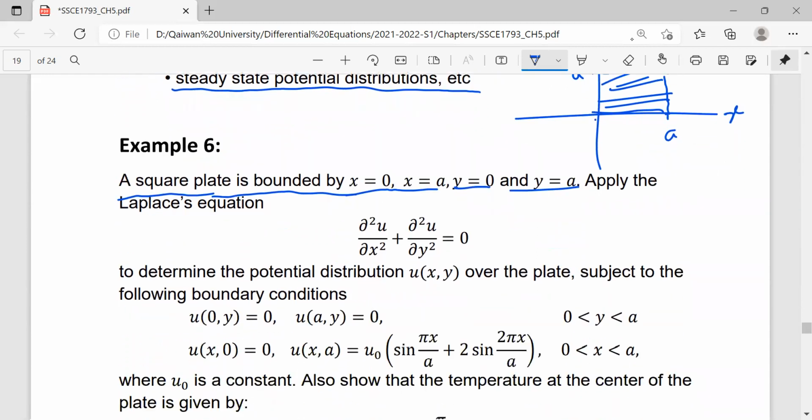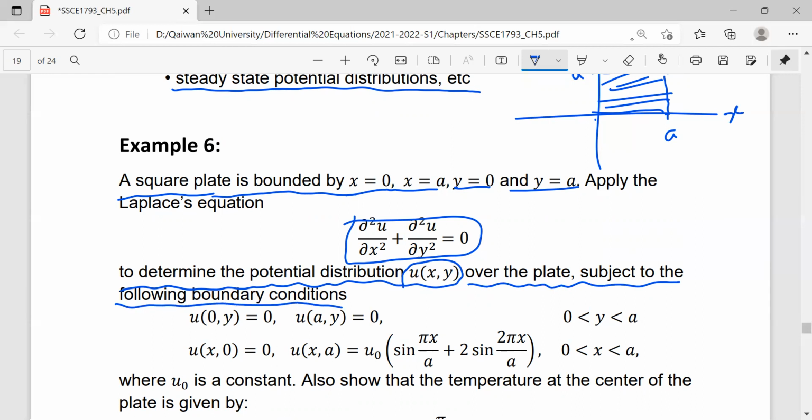It says to apply the Laplace equation to determine the potential distribution u of xy over the plate, subject to the following boundary conditions. Here we are asked to find u of xy.